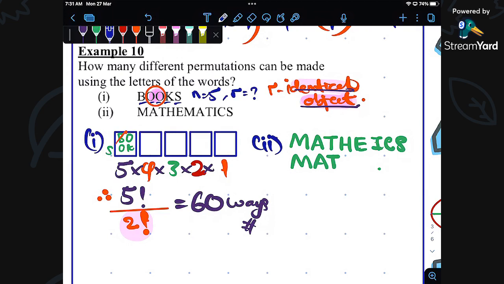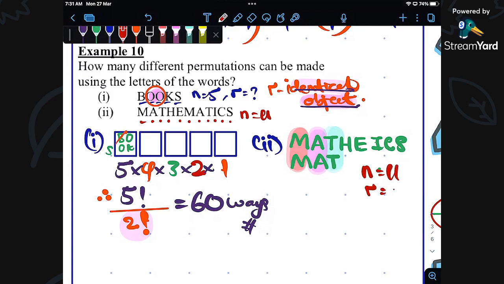It is just because I want to see that the identical object is M, the identical object is S, the identical object is T. So you can see now there are 3 identical objects very clearly. The ones at the back don't have identical objects. And so I first find out what my n is. My n is 1, 2, 3, 4, 5, 6, 7, 8, 9, 10, 11. So my n is 11.